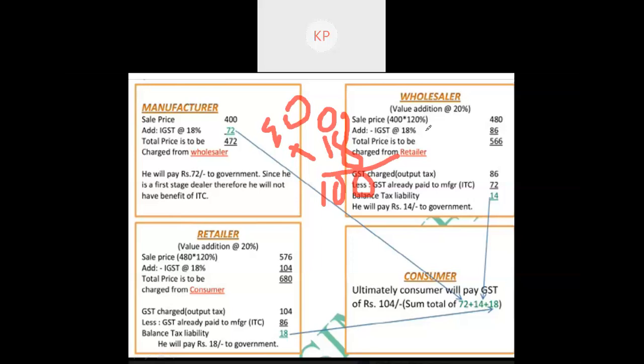Sure. So the total is 480 and the GST is 80. Correct. Okay, so now 80 is here.